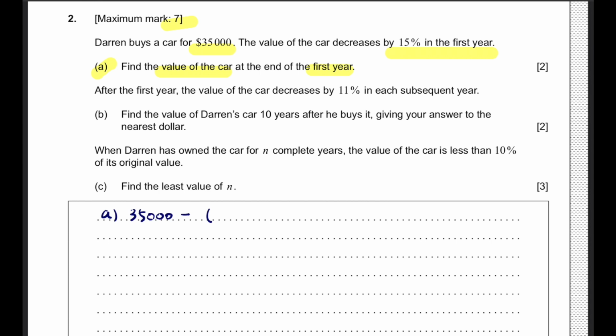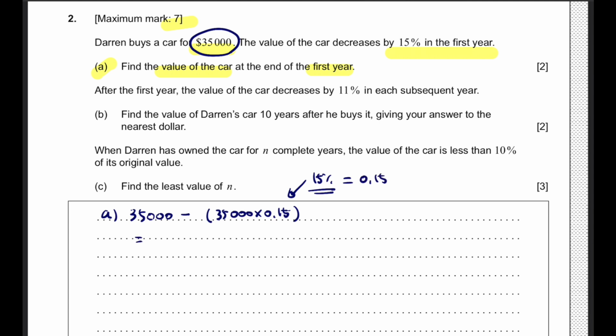So the original amount is $35,000 and then we subtract 35,000 times 0.15. We're using 15% in a calculation, so this is 0.15, right?